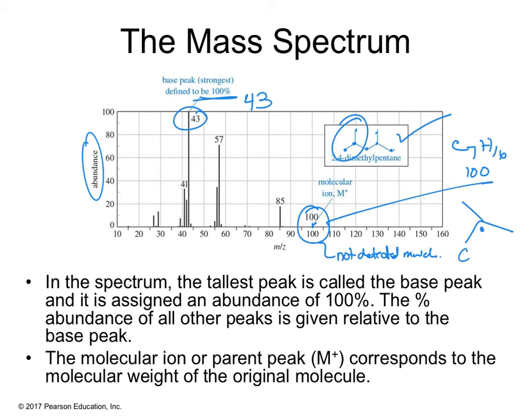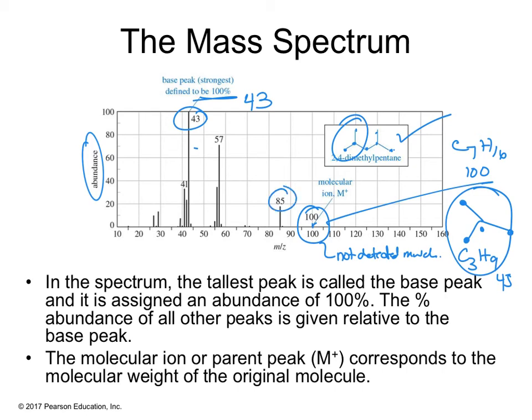So 3 carbons, and 9 hydrogens, H9. So 3 times 12 plus 9, 45. So this is subtract 2 hydrogens. So that is similar. That's going to be your tertiary radical.